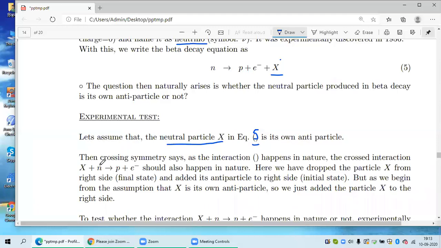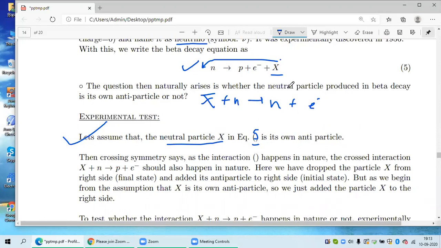Now we have studied that from crossing symmetry, if this reaction happens in nature, and we bring X to the other side of this equation and make it its antiparticle, then that reaction will also happen in nature. Clear? So if I bring X to this side and make it X bar, then X bar plus N going to P plus E minus should also be seen in nature.